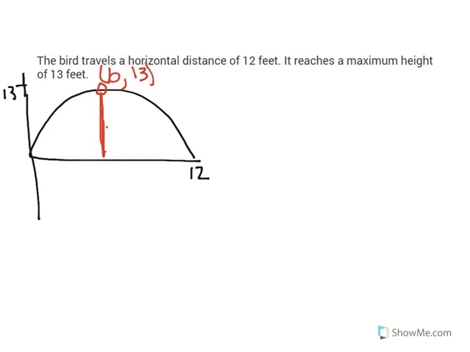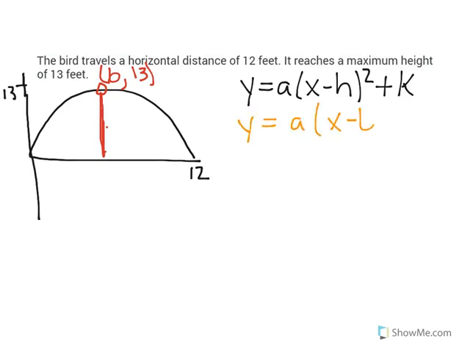So now that I know my vertex, I can go ahead and plug it in to my vertex form equation, which we have right here. So y equals A (x minus 6) squared plus 13.